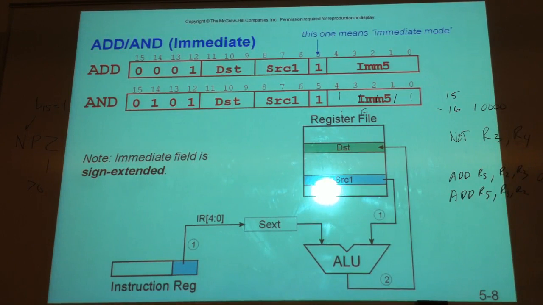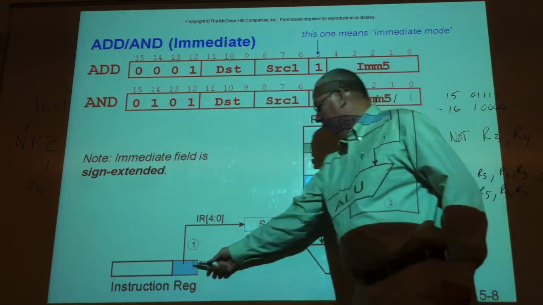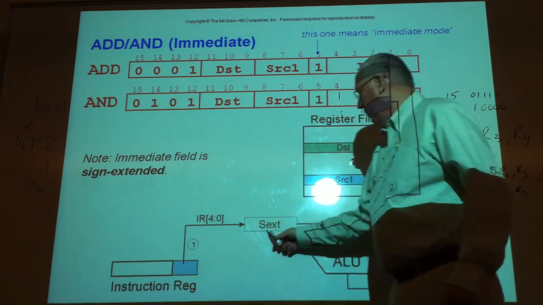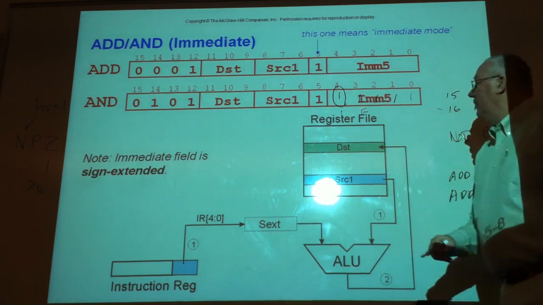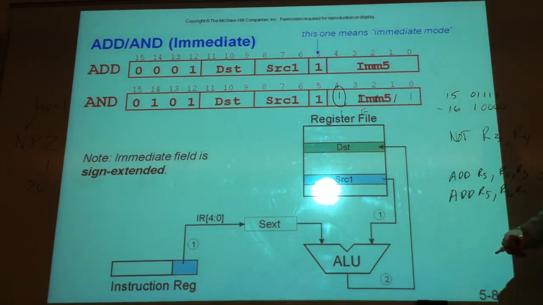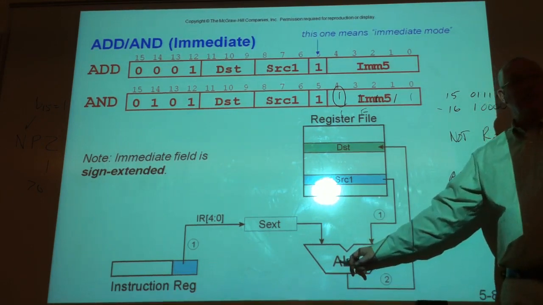And 15 is right there. So on an immediate number, it takes this number, remember it's a 2's complement number, so it will sign extend this bit, because it has to make it 16 bits to do finite arithmetic.